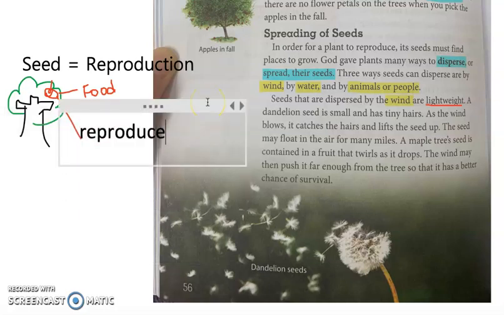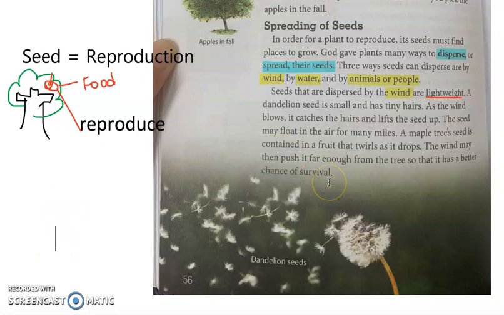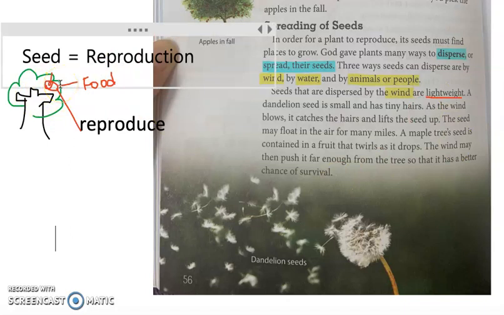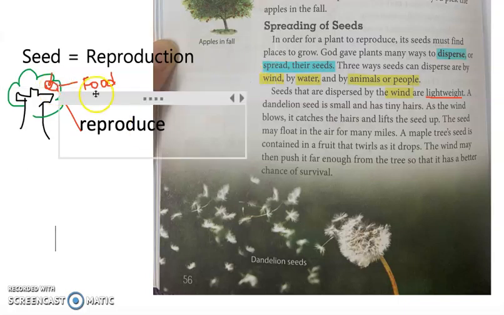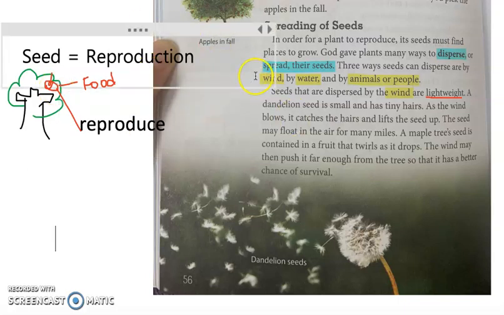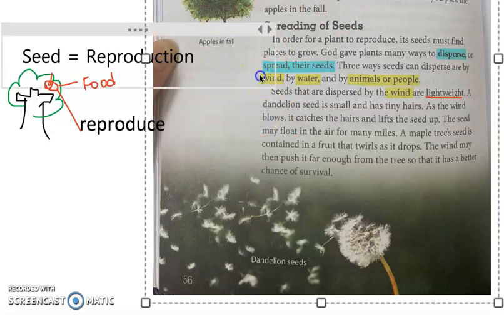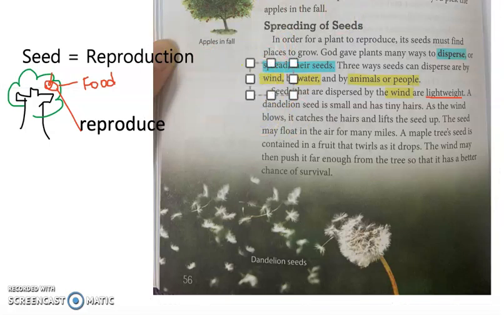And now, that's why we need the seeds. And the seeds can be dispersed, can be spread in multiple ways. And the first way is through wind.